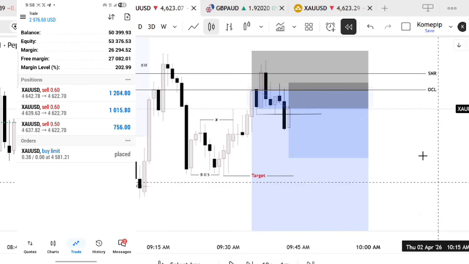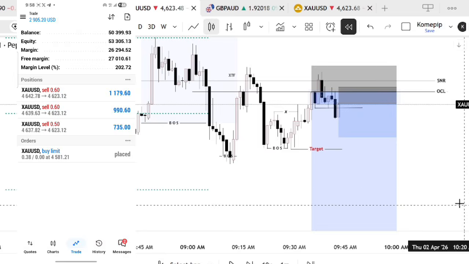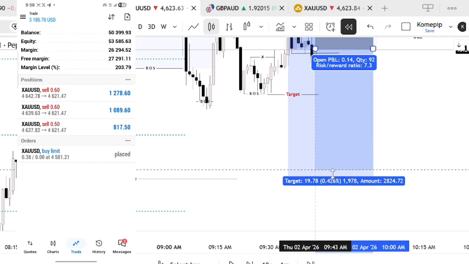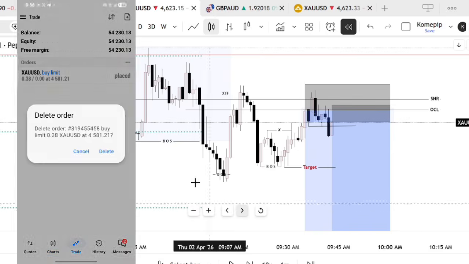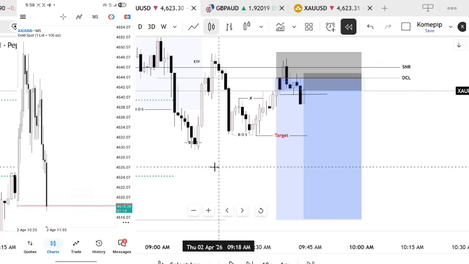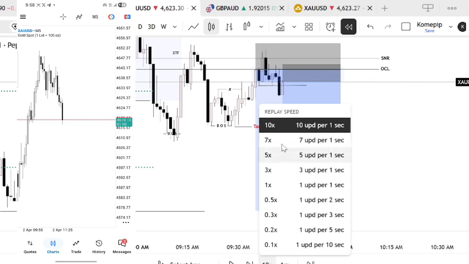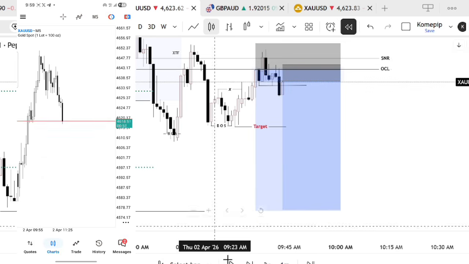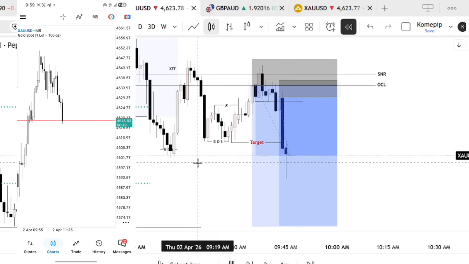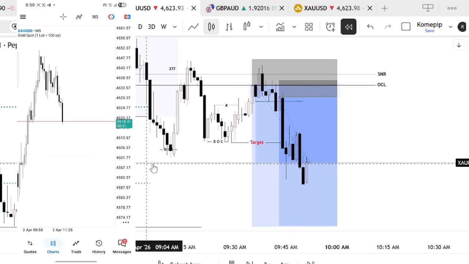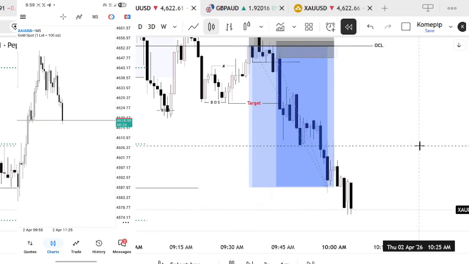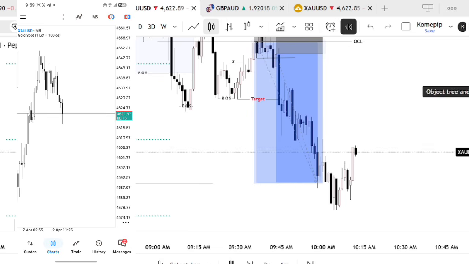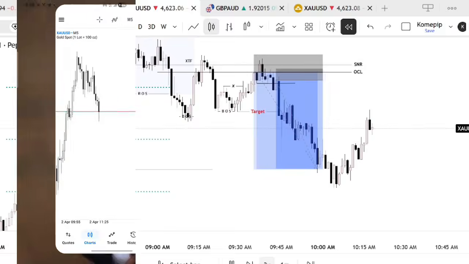So I entered there, and of course, we can use the same target. So this 1 to 7, this 1 to 5, right? And that's exactly how I was able to profit. It was very fast, somehow fast, then started stalling. Finally, I took profit, and that's where price is currently now.